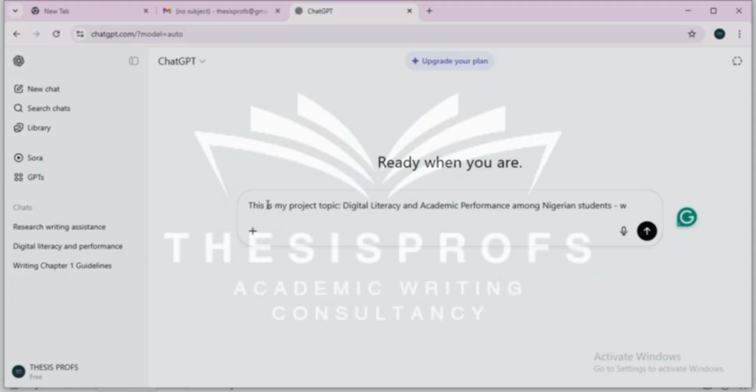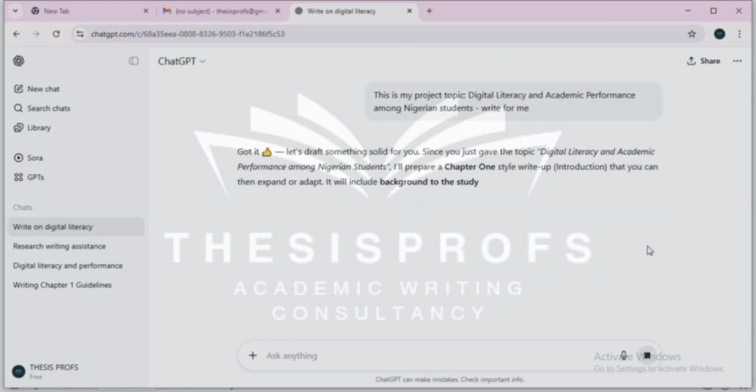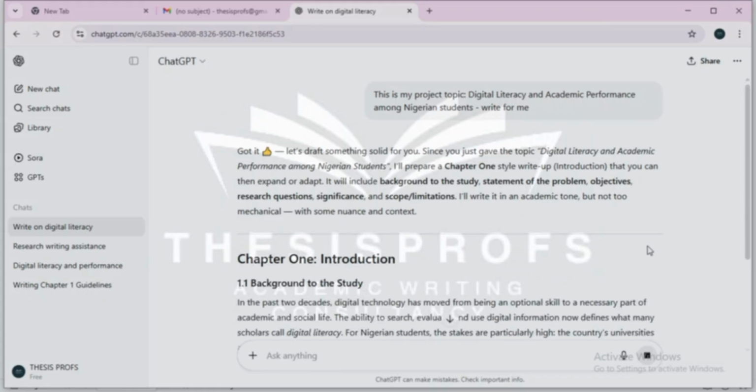Write for me. Okay, so I just want to see something. Write for me, and then okay, so you can see, got it. I'll draft something solid for you, since you just gave the topic. I'll prepare a Chapter 1 style introduction that you can expand or adapt. It will include background to the study, statement of the problem, objectives, and so on, and then here you go.